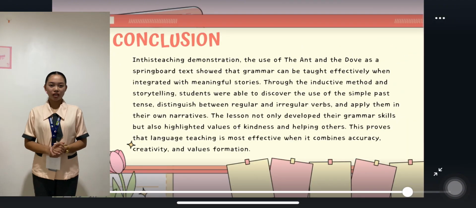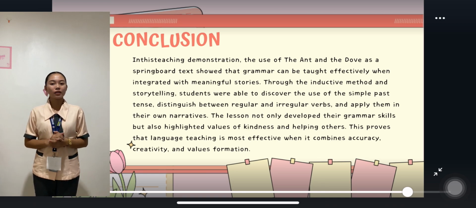For conclusion, in this teaching demonstration, the use of the ant and the dove as a springboard text shows that grammar can be taught effectively when integrated with meaningful stories. Through the inductive method and storytelling, students were able to discover the use of the simple past tense, distinguish between regular and irregular verbs, and apply them in their own narratives.